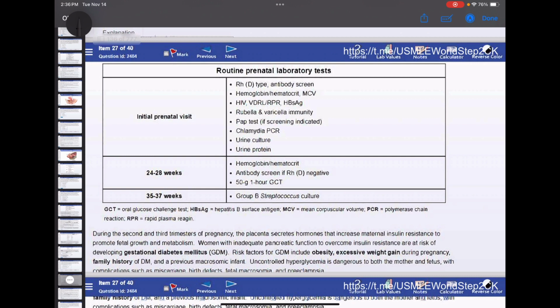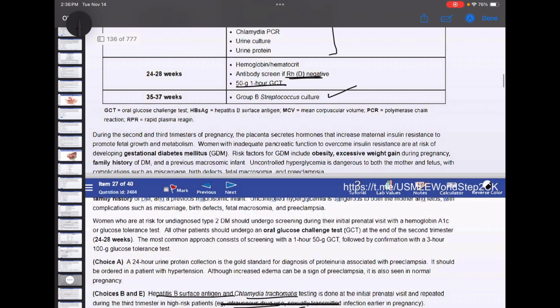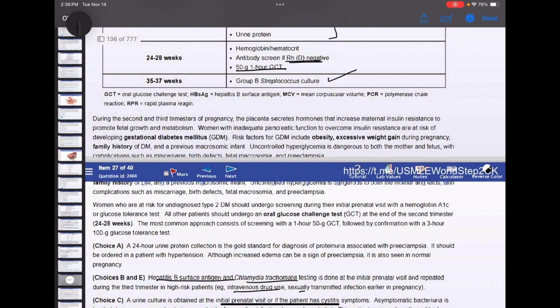Initial prenatal visit would include all of these, which we read in Toronto Notes. At 24 to 28 weeks, we go for antibody screen if RhD negative, and we go for the glucose challenge test. And at 35 to 37 weeks, we go for GBS culture. Just a quick read of these two paragraphs. During the second and third trimesters of pregnancy, the placenta secretes hormones that increase maternal insulin resistance to promote fetal growth and metabolism.